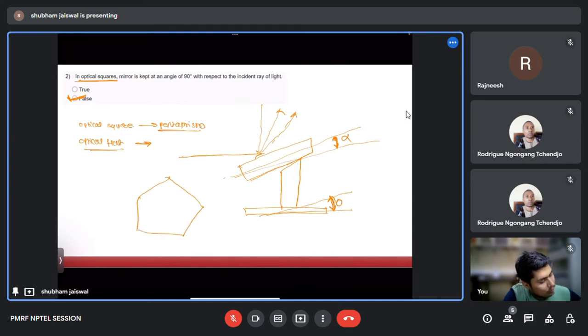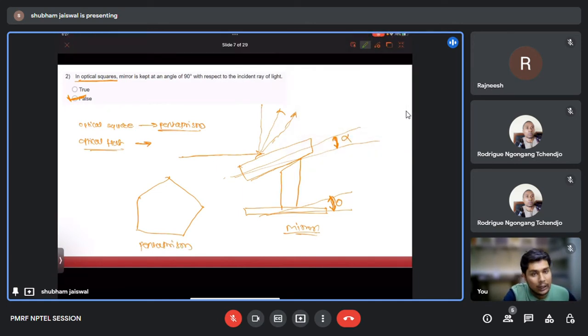In the case of the pentaprism, we can see that the incident ray and this reflected ray are exactly at 90 degrees.